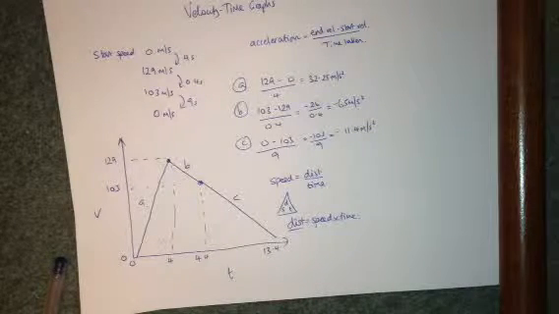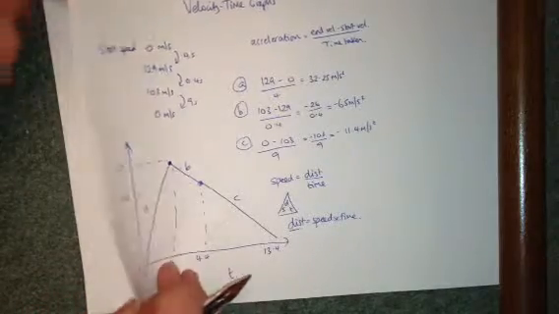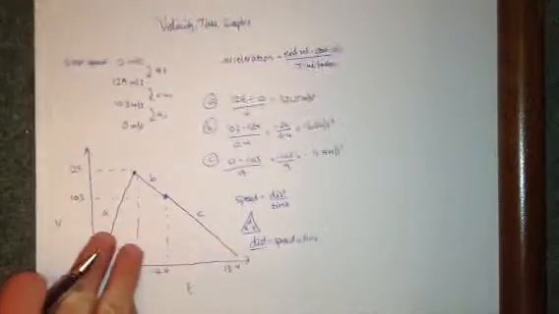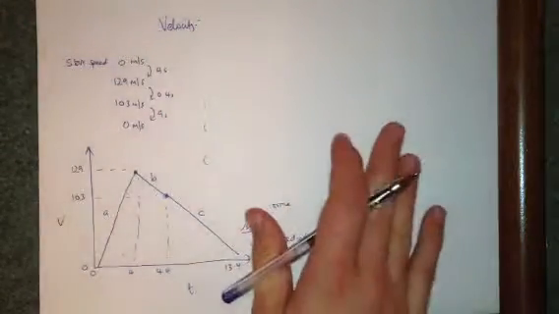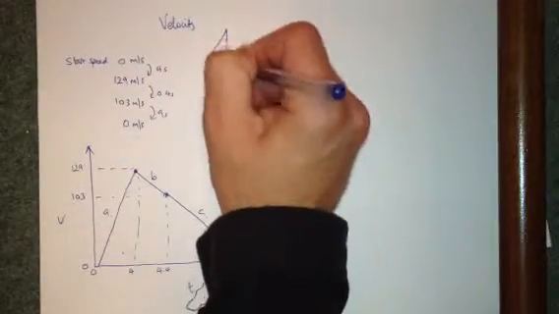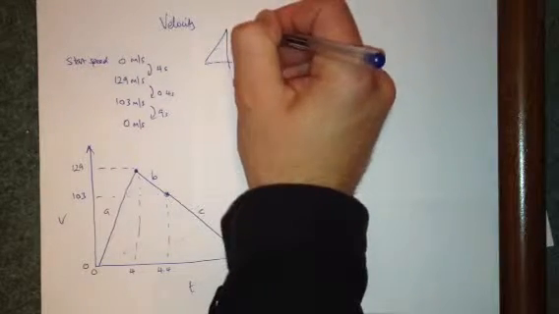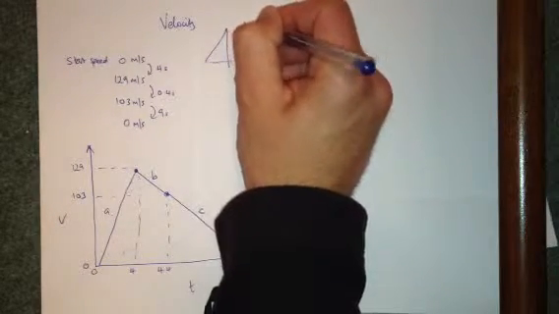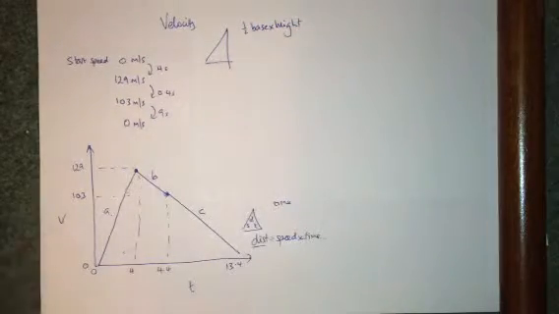So if I just get a separate sheet of paper, cover that up to make space. So if we look at triangle A, if we're trying to find the area of that triangle, in maths we would do half base times height.